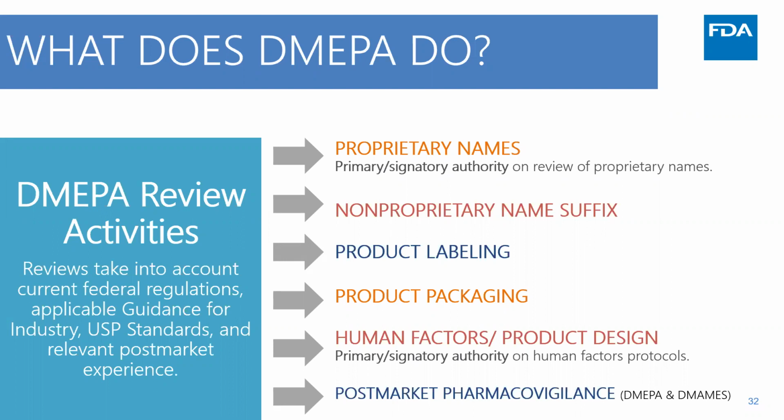Additionally, as mentioned, DMEPA also conducts post-market surveillance of medication error reports submitted to FAERS, but DMAMES is the CDER lead for post-market medication error pharmacovigilance. So DMEPA reviews take into account current federal regulations, applicable guidances for industry, USP standards, and relevant post-market experience. And so for today's webinar, we will focus on DMEPA's review of product design, labeling, and packaging of drug products. Next slide, please.